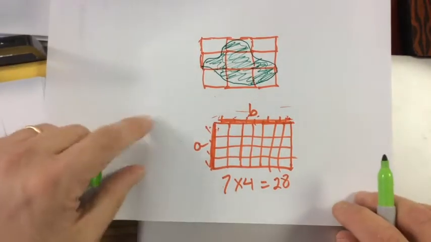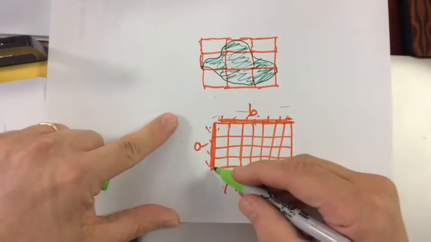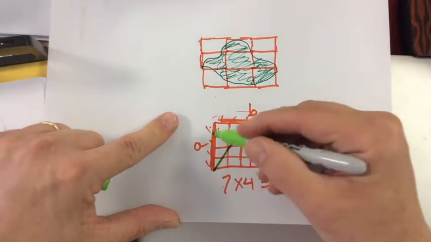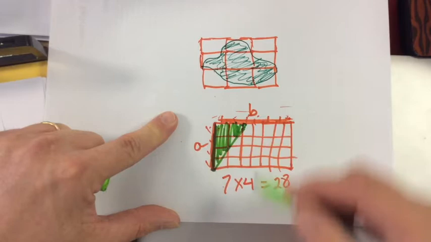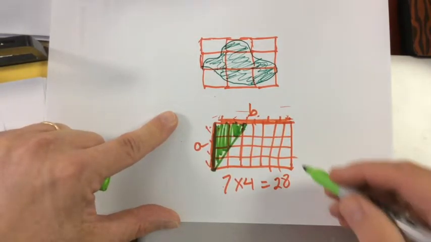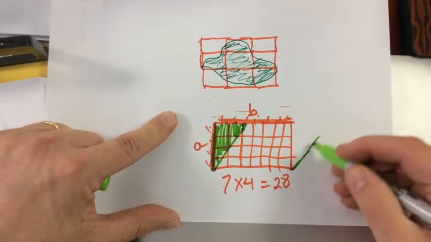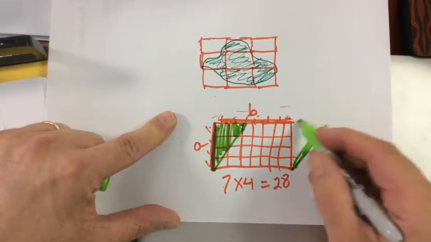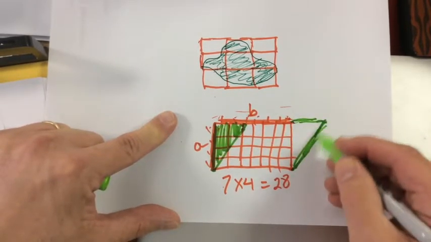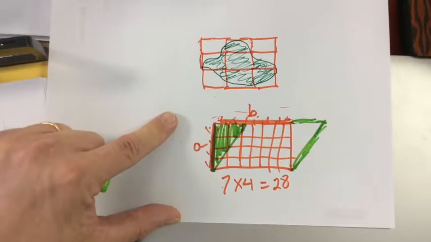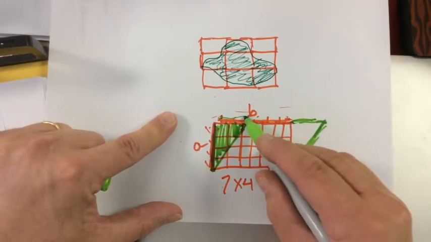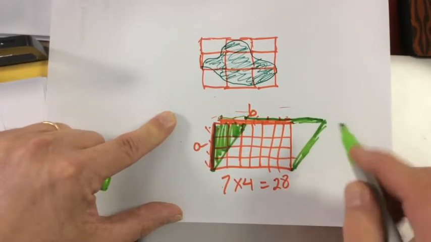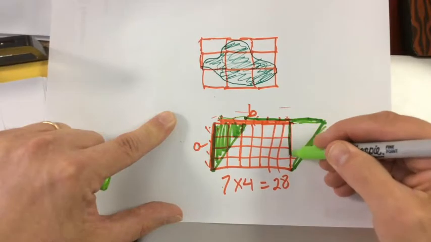Another fun thing to do would be to take this chunk right here, cut it off from there, and slide it over to here. And that would make a parallelogram. Now, if this is the same length as this, then this is B from here to here. This is still A from here to here.